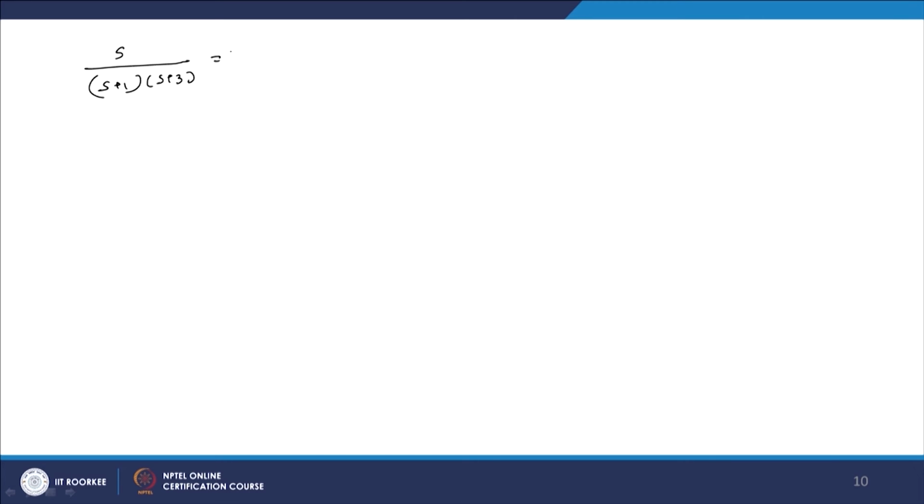If you convert this into partial fraction expansion you will get 3 by 2 (s plus 3) minus 1 by 2 (s plus 1), and if you solve it you will get 3 by 2 e raised to minus 3t minus 1 by 2 e raised to minus t.